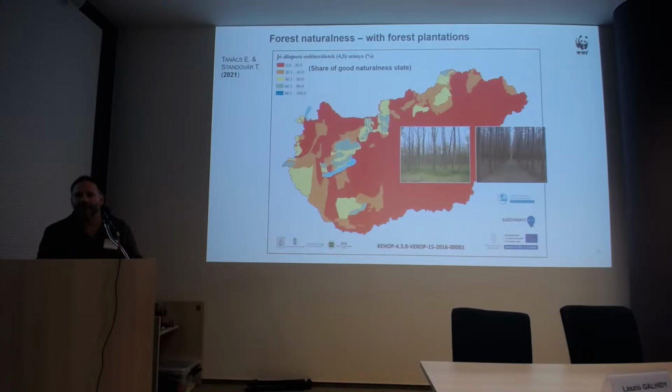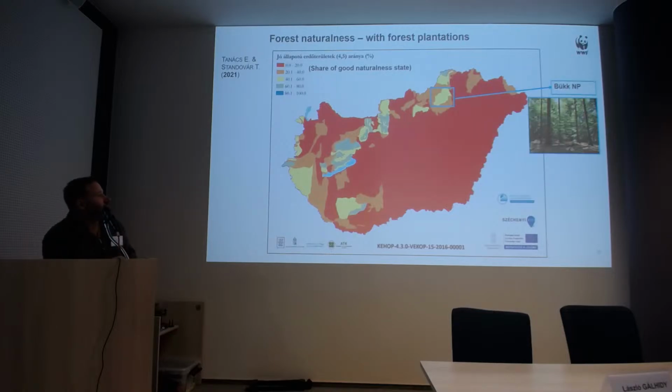So that's why after many centuries, in the 20th century, they started to launch large-scale reforestation, and those reforestations mostly used non-native or non-local species. For example, pine, Pinus sylvestris, is a native species in western Hungary, but not on the lowland as plantations.